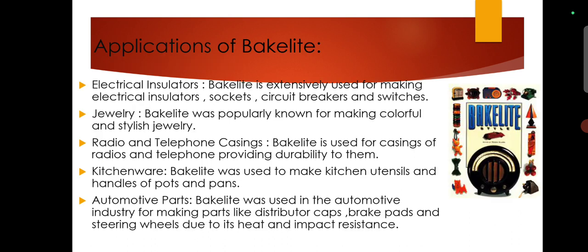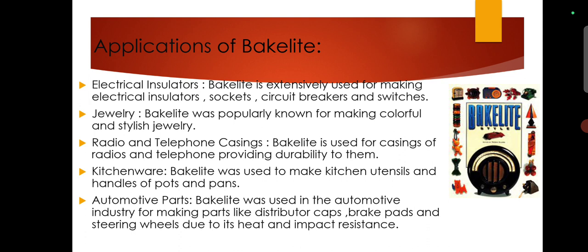Applications of bakelite include electrical insulators, jewelry, radio and telephone casings, kitchenware, and automotive parts. Bakelite is extensively used for making electrical insulators, sockets, circuit breakers, and switches. It is popularly known for making colorful and stylish jewelry.